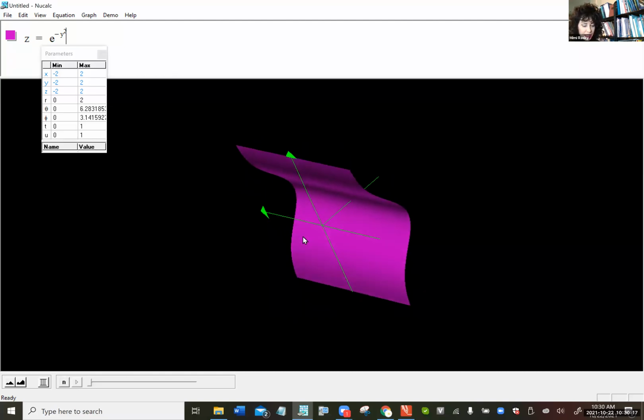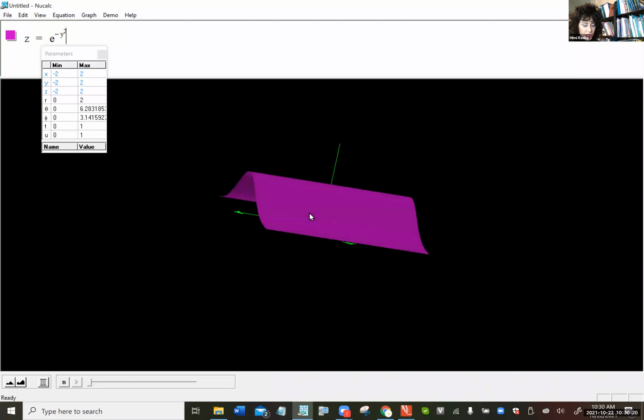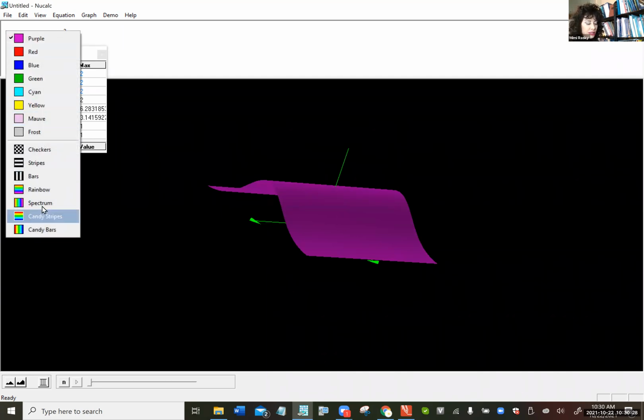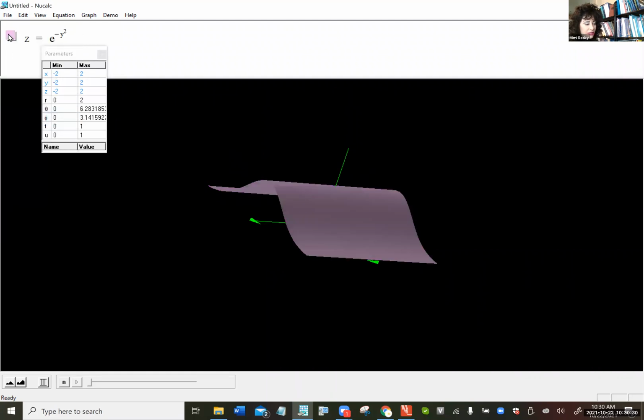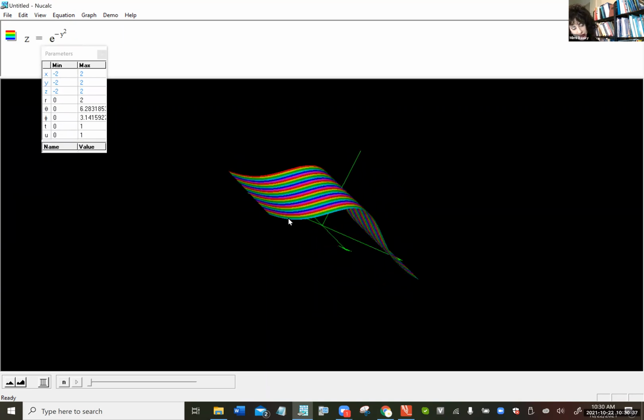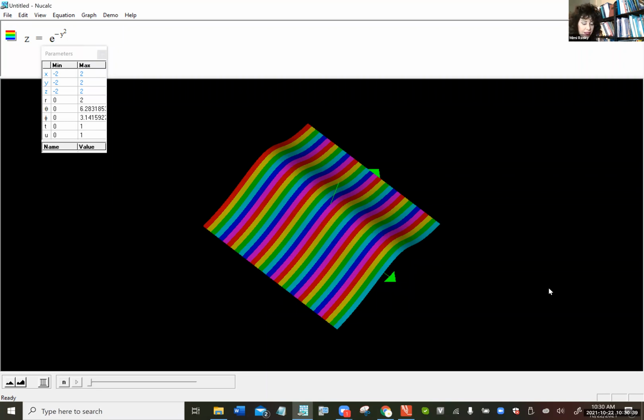That's kind of a cool looking capping surface, isn't it? Now remember, we're not considering this whole portion as our capping surface. We're only considering the portion in the first octant. Okay, so that's what the top of our solid looks like. Let's look at some other colors. Oh, pretty. That looks pretty cool. I like that. Okay.